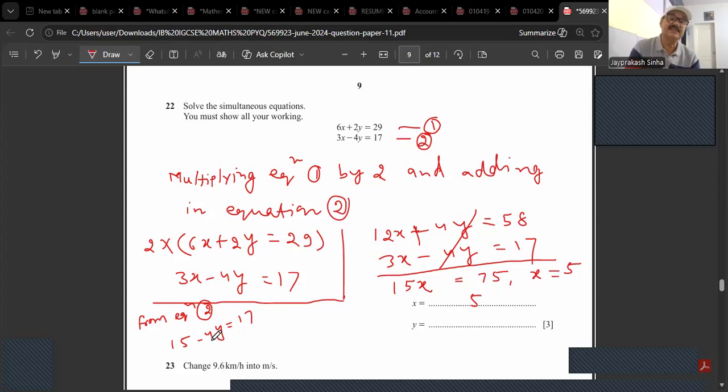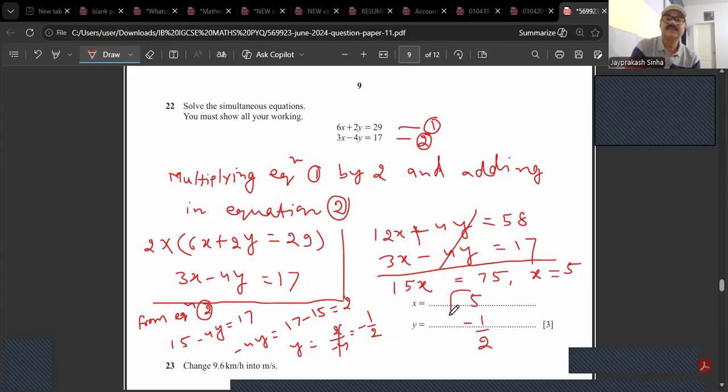So 15 will go to that side. So 4y is equal to 17 minus 15, that is 2. So y is equal to 2 upon minus 4, that is minus 1 by 2. So y is equal to minus 1 by 2.